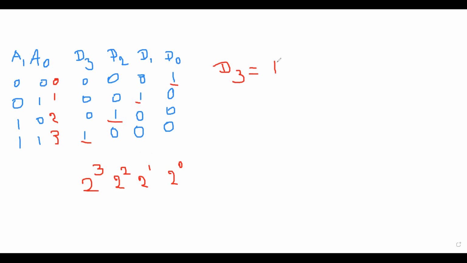D3, A0 into A1. For D2, A0 into, sorry, A1 into A0 bar. You can write it as A0 into A1, A0 bar into A1.